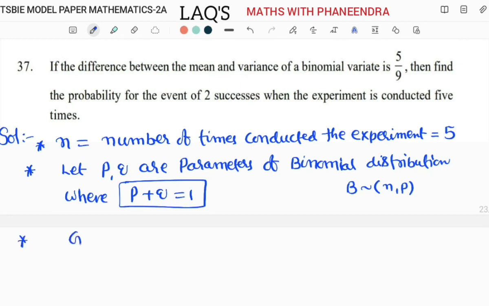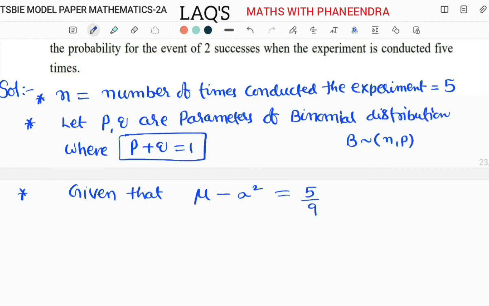Given that the difference of mean and variance, mean is denoted by mu, variance is denoted by sigma square, is equal to 5 by 9. Mean of the binomial variate is np.